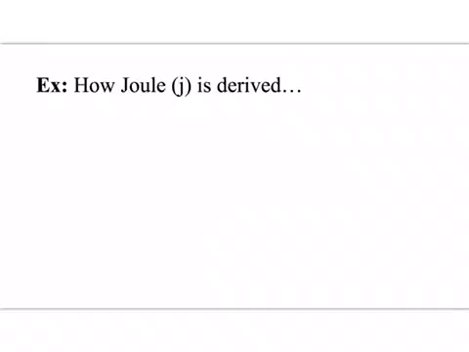How is Joule derived? Joule, you know, is the unit of energy. So let's say we have the potential energy, which is equal to mass times gravitational acceleration times the height. The unit of mass is kilogram. The unit of acceleration is meter per second square.